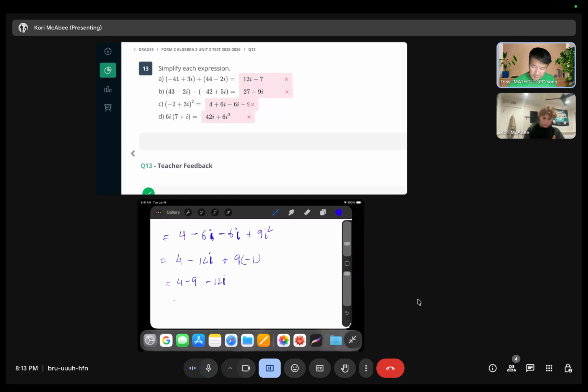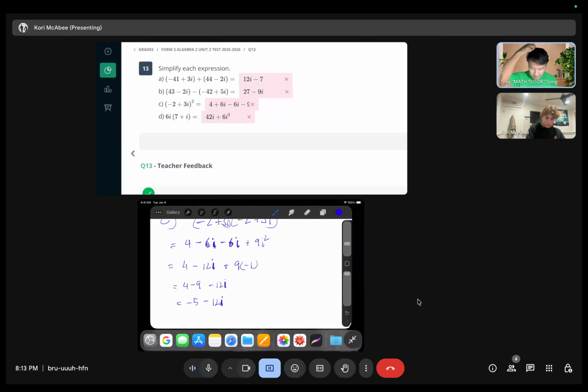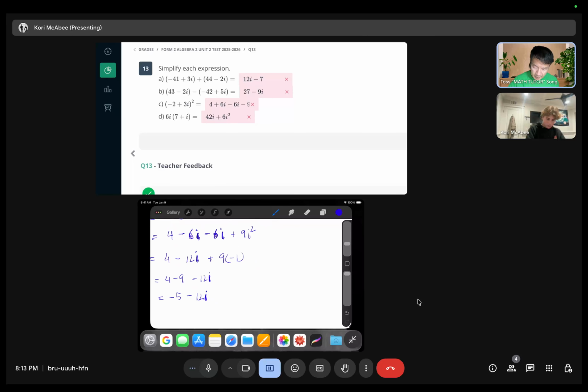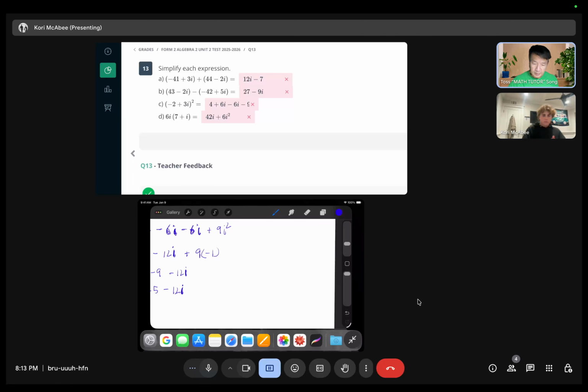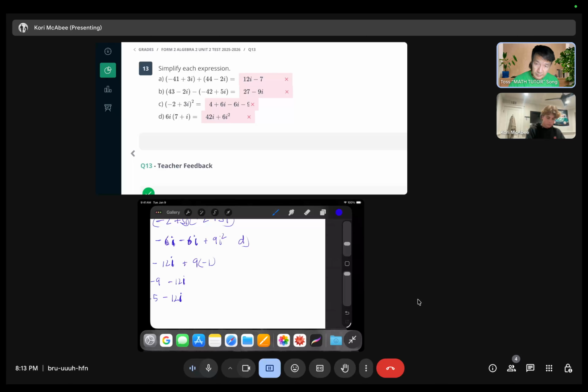And then the last step, negative 5 minus 12i. It's a lot of work, but you just have to be neat. Double check here. Negative 5 minus 12i.